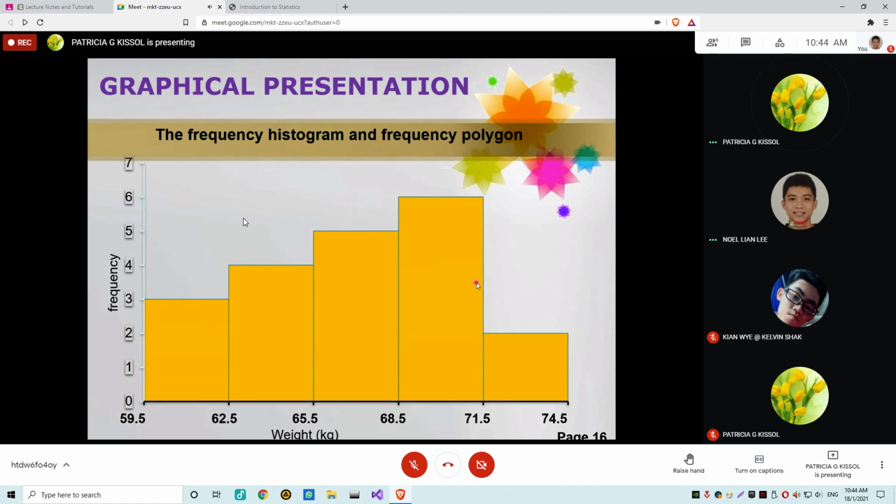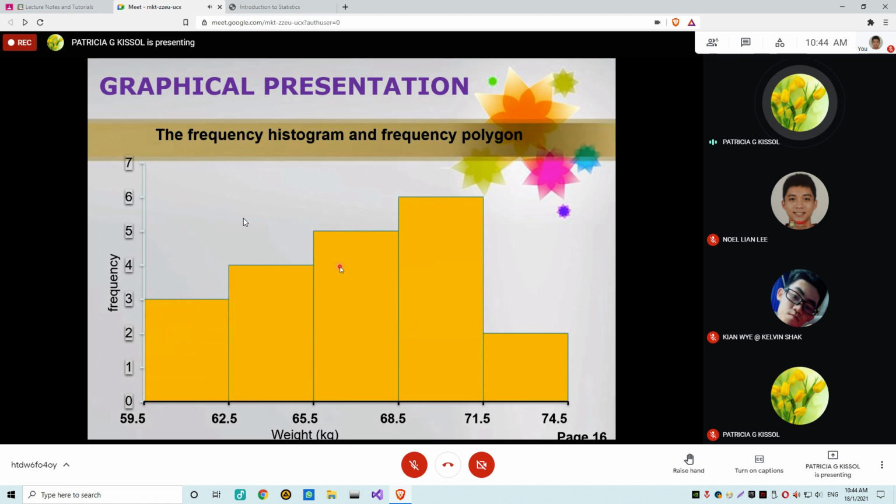Clear, class? So the histogram is the rectangle thing. Yes, correct. Each one of these rectangles represents the first category, second category, and so on. Now remember, when you're doing the graph, the scale is not given to you, meaning you are the person who decides the size of your graph.